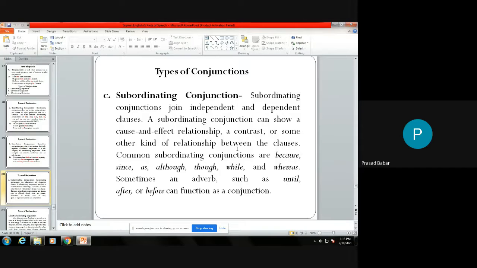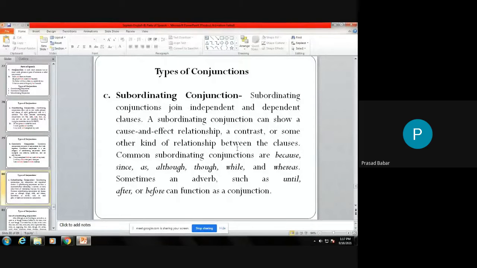A subordinating conjunction can show a cause and effect relationship, a contrast, or some other kind of relationship between the clauses. If there is such a relationship between the main clause and the subordinate clause, then we use this type of conjunction.